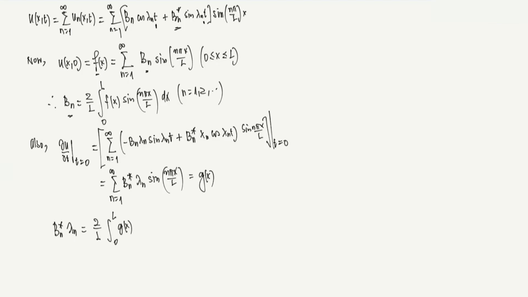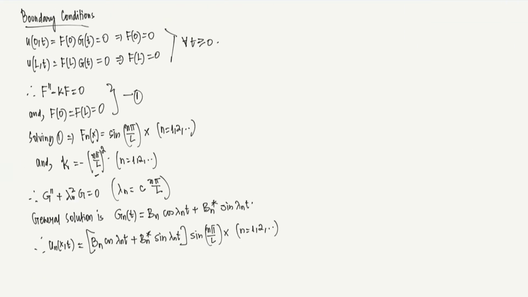sine of n pi x by l. And where lambda n, you remember lambda n's are nothing but c n pi by l. That's what we were assuming.